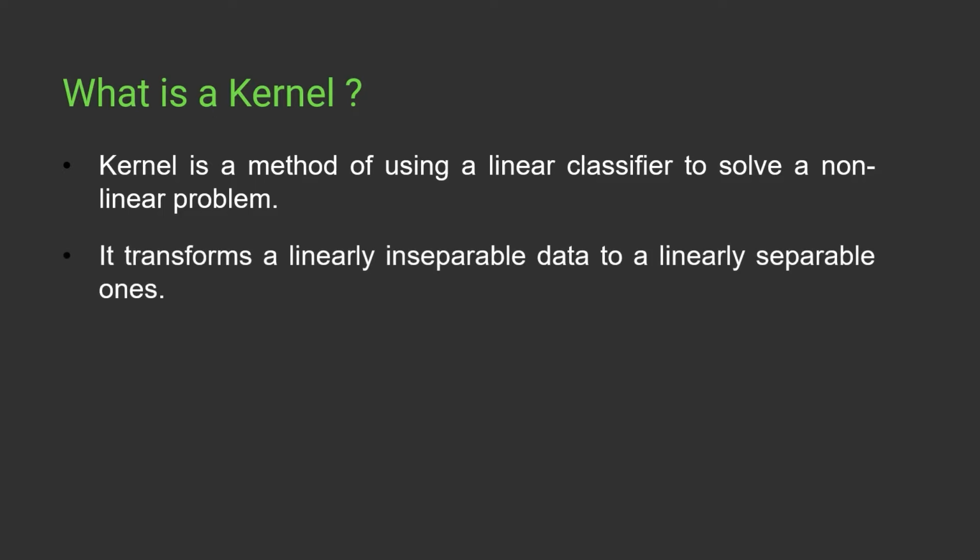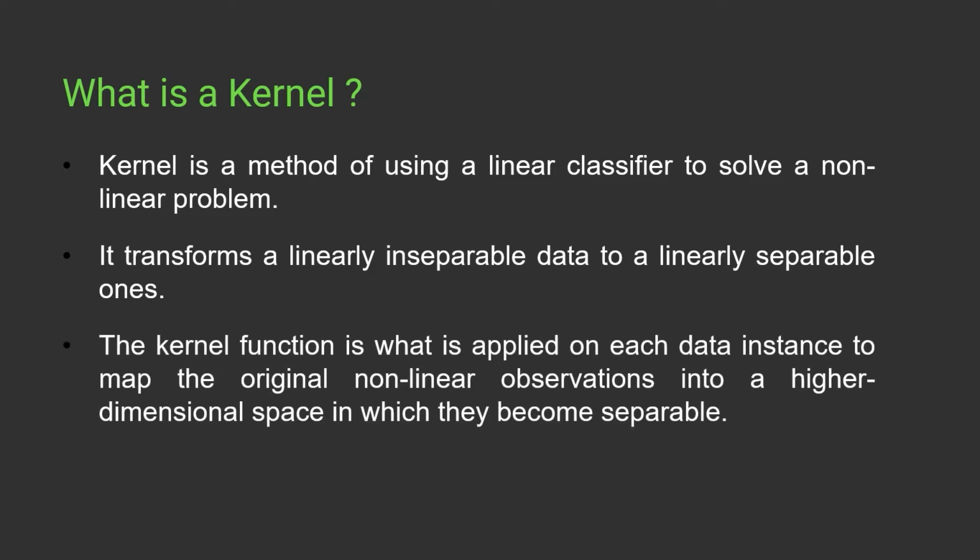It converts non-linear or linearly inseparable data to a linearly separable form. Basically, it maps your original data into a high dimensional space and makes it linear. But it doesn't change the dimensions of your data, it's just the mapping over it.